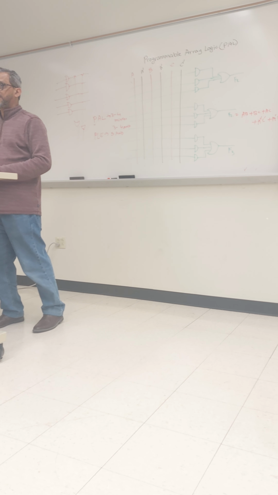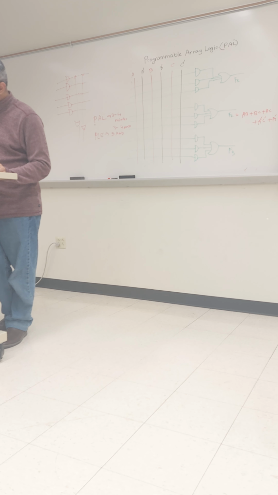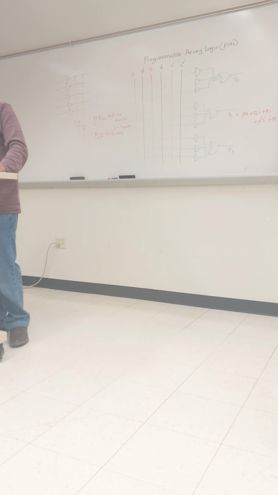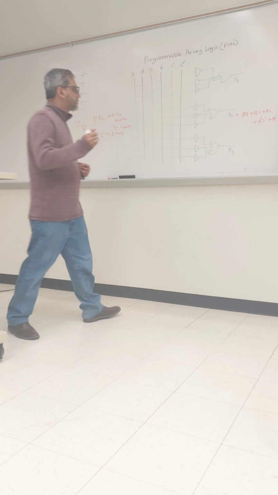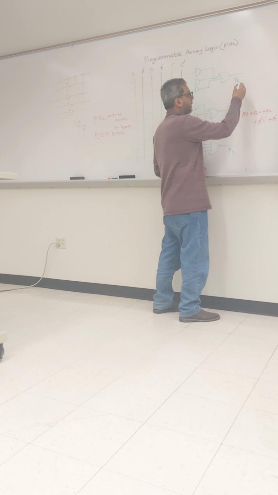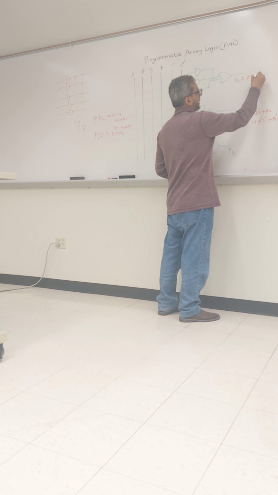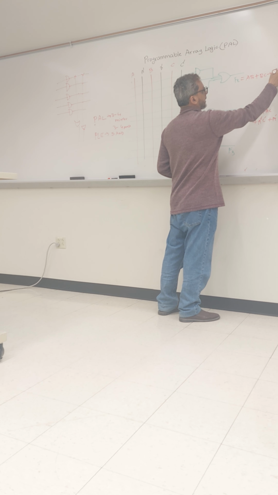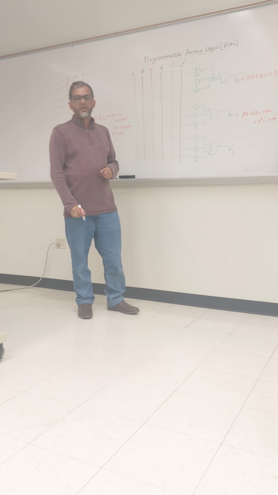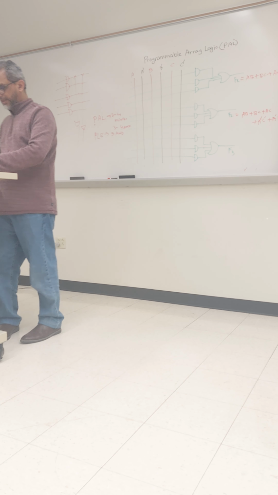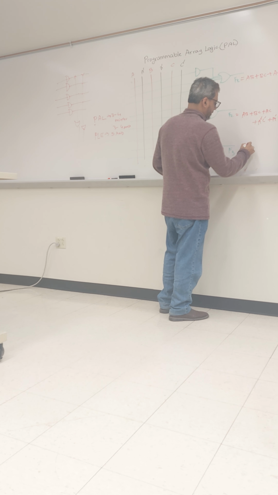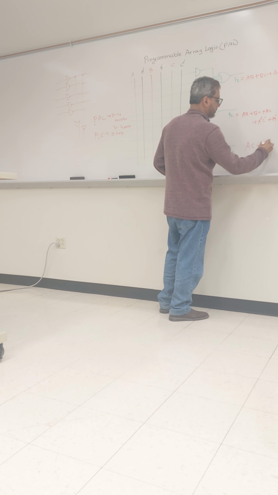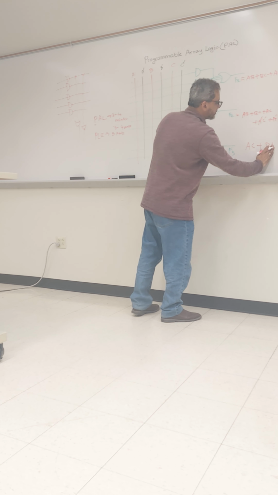How can we do that? To overcome this issue, there is an option known as feedback, feedback from the output side. For example, if the function has some similarity, in this case it has the function AB plus BC plus AC. And this function F3, for example, has AC plus BC.